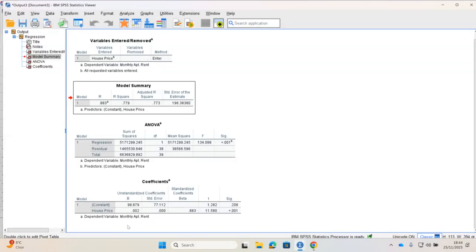And we look at the first column here, B. Only the first column. The first value here is your A. We're trying to find y equals A plus bx. 98.879 is your A, and the value of B is the one below it, 0.002.